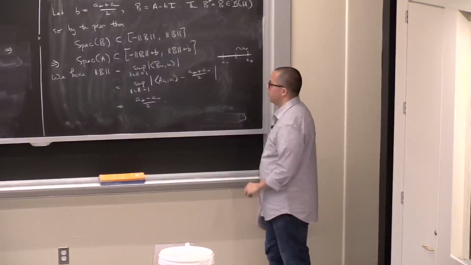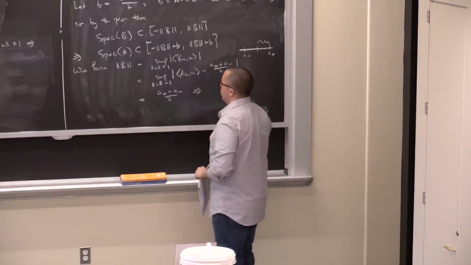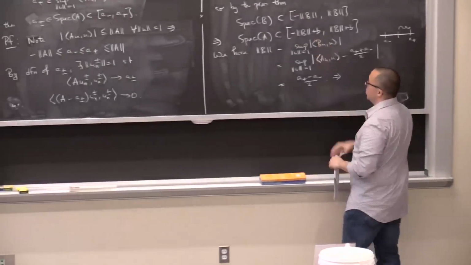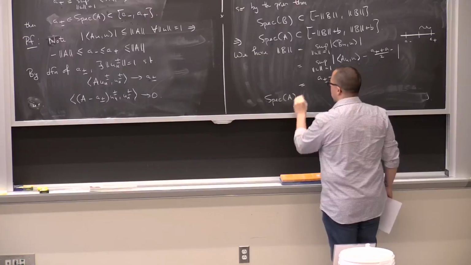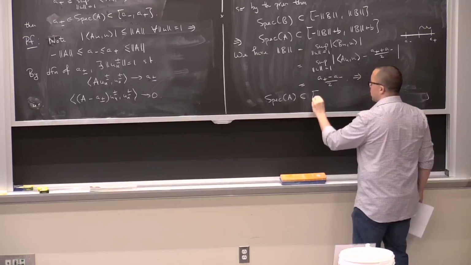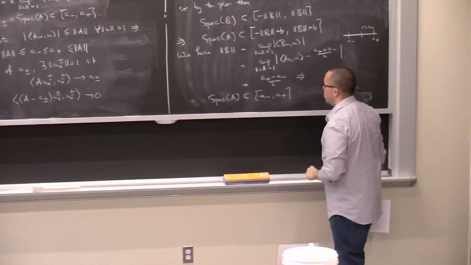Okay? And since that's the norm of B, when we plug that into what we had a minute ago, we conclude that the spectrum is contained in [A_-, A_+].